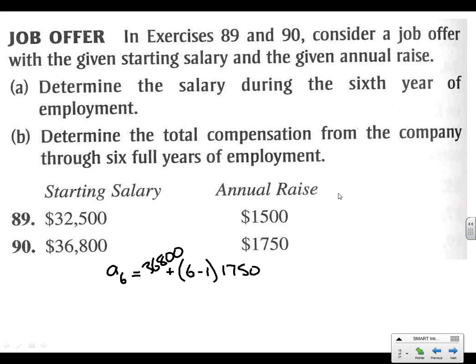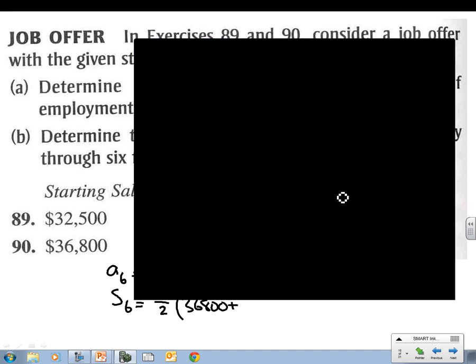And part B, determine the total compensation from the company through 6 full years of employment. So now we're talking about a summation for those 6 years. And so our formula here would be 6 over 2. First term is 36,800. The last term, what did we say we got? 45,550.